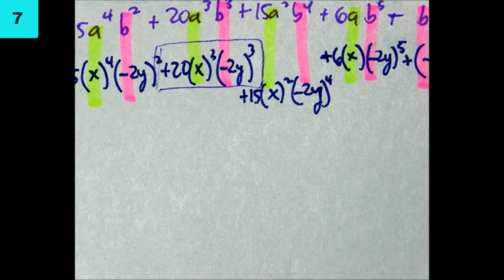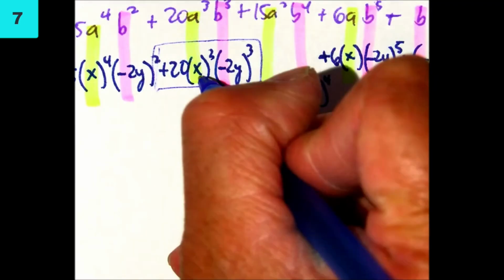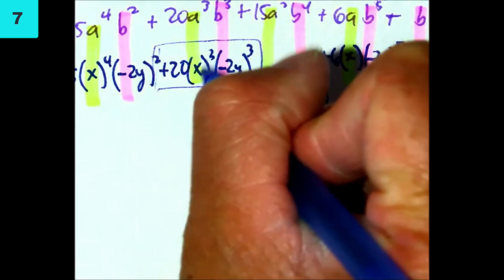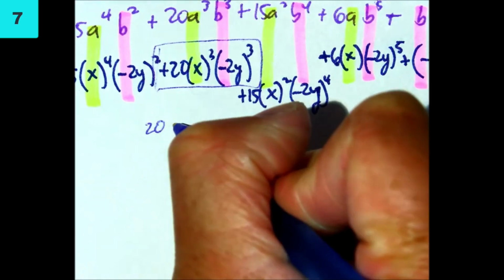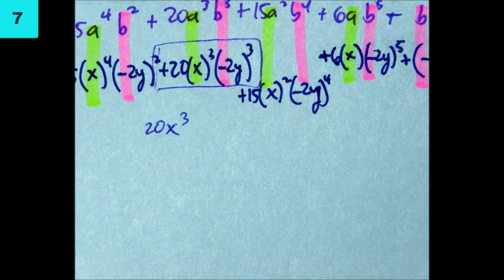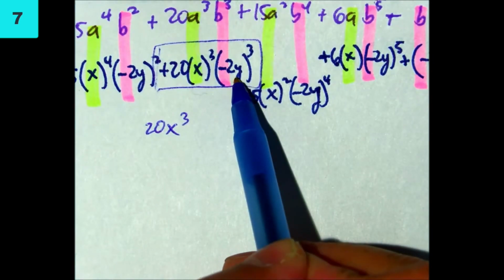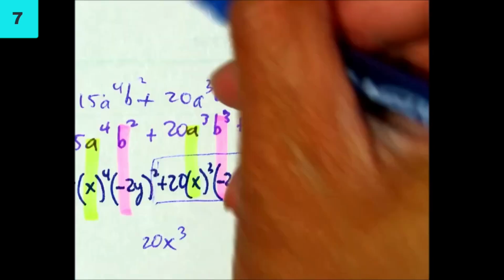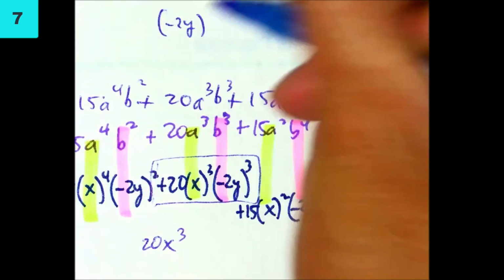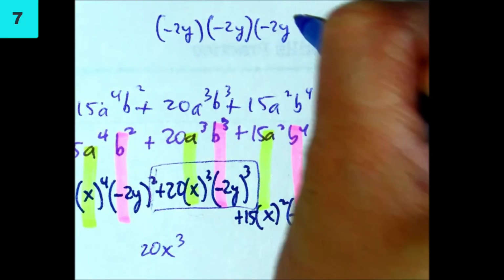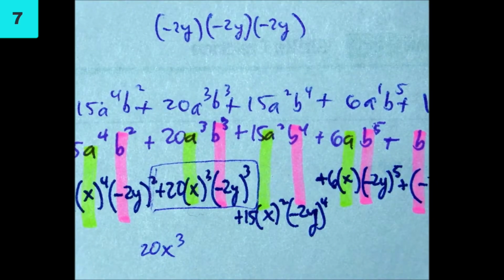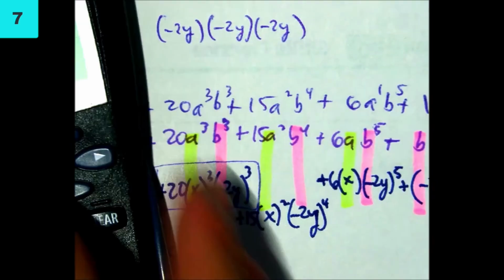I'm going to use order of operations. This basically means exponents first, so that means x times x times x. That gives us 20x to the 3rd power. Negative 2y to the 3rd power is negative 2y times negative 2y times negative 2y. And remember, you can use calculators, so if you don't know what that is, you can just put it into your calculator.